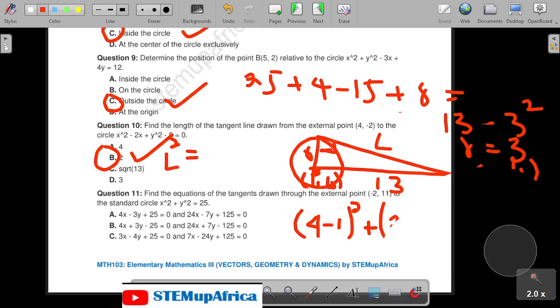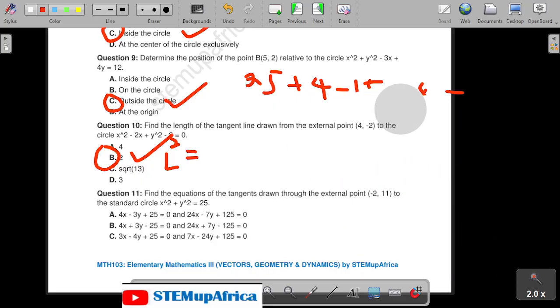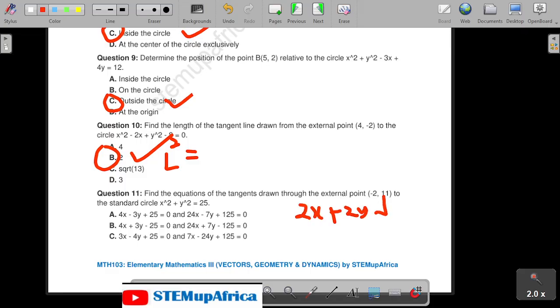Then number 11. Let's see what we have there. So find the equation of the tangent that passes through this point on the standard circle. So if you find it using an implicit function, I'm going to have 2x plus 2y dy/dx is equal to 0.